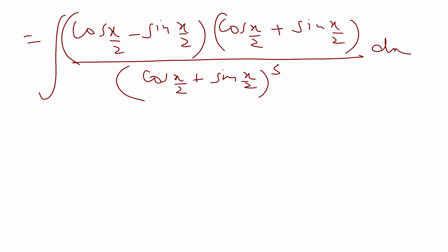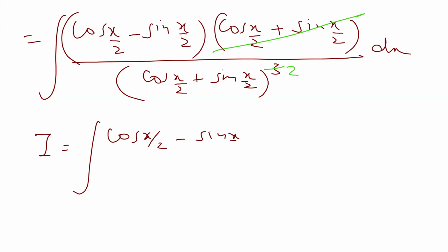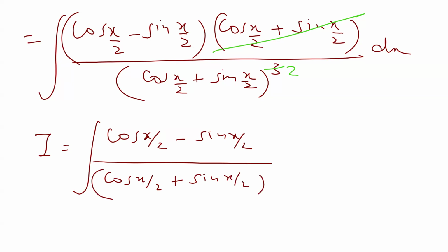Right. So one term will get cancelled over here. So I is equal to cos x by 2 minus sin x by 2 upon cos x by 2 plus sin x by 2, the whole square.